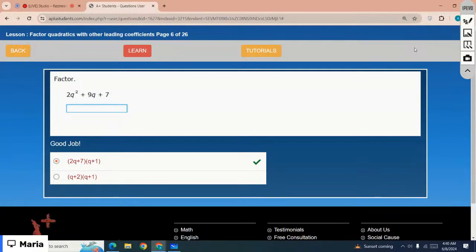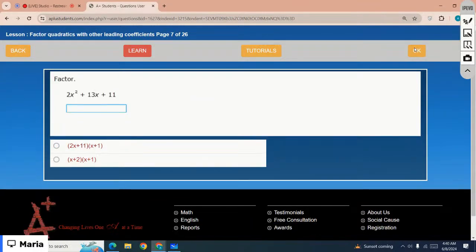The next one is 2x square plus 13x plus 11. So which is the correct option?